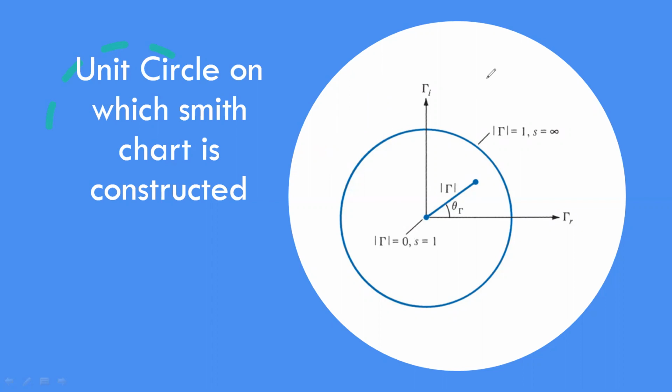Using these relations, the gamma, S, and input impedance, which are characteristics of the transmission line, can be easily calculated using the Smith chart. Note that the reflection coefficient lies between 0 and 1, and the S value is from 1 to infinity. One more thing: the Smith chart is especially applicable only for a lossless transmission line.